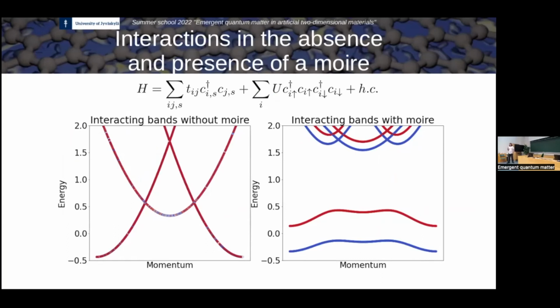In the very same way as we did in the case of magnetism, one can compute both the solution in the absence of the moire and the solution in the presence of the moire. In the absence of the moire, you don't see any spin splitting, so you don't see any magnetization at all. This is just because your U over bandwidth is way below the value that is capable of giving magnetism, so it's below the Stoner criterion.